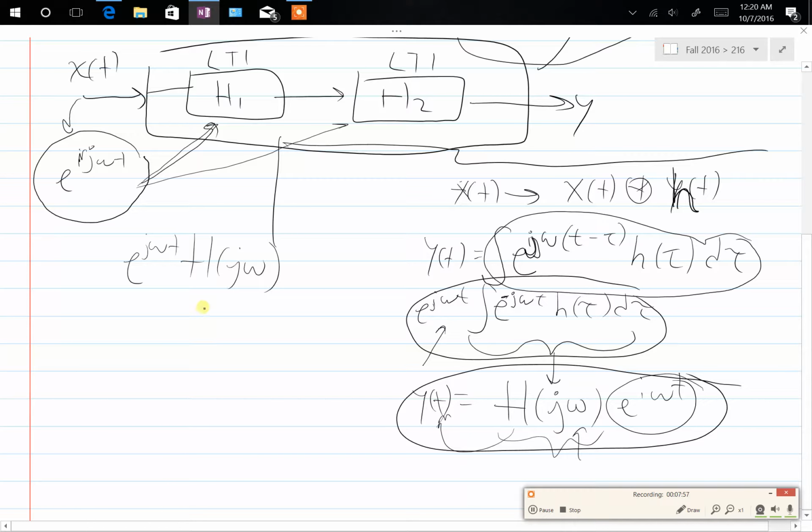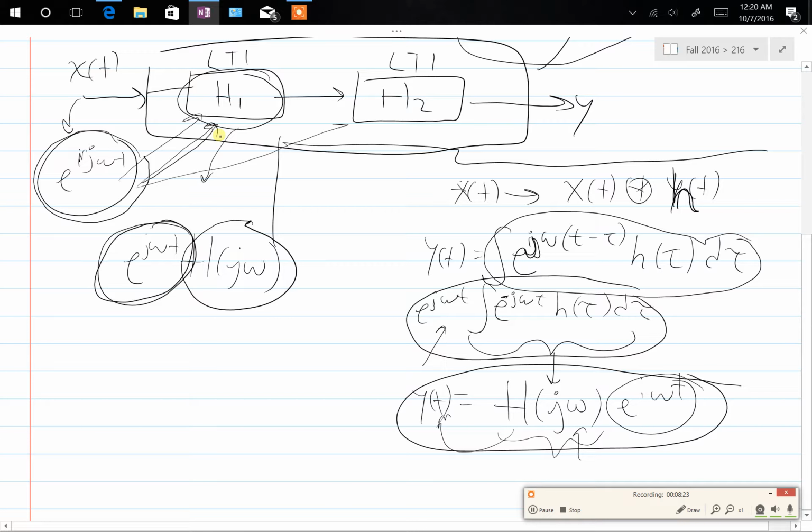Since this system is just the operator I've shown before with the derivative operator, that means that this complex exponential is an eigenfunction of the LTI system, because the corresponding output is just some constant that's independent of t times the eigenfunction that I passed into my LTI system.